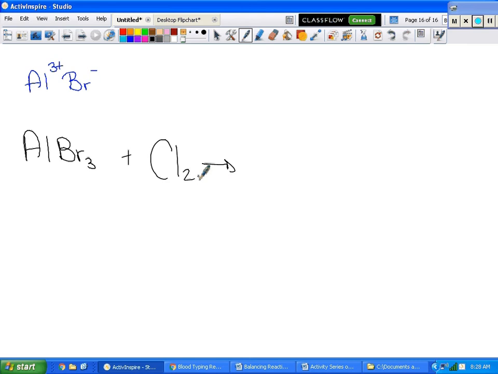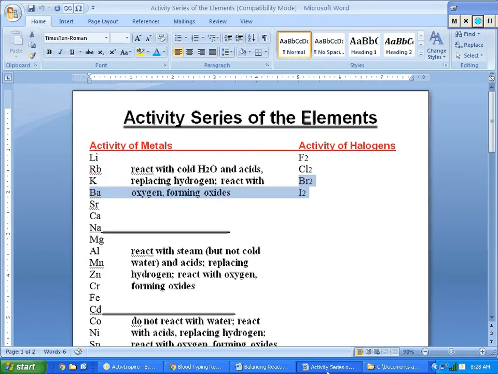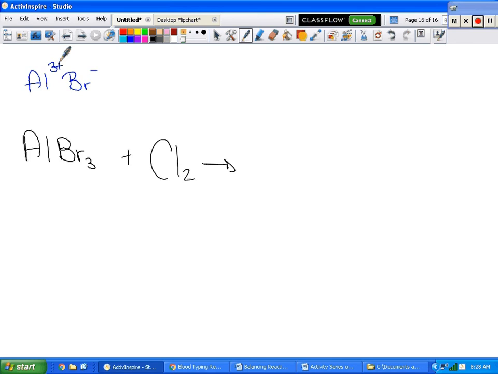Now, let's go back and look at the activity series again. Is Cl above Br? Yes. So can this one work? Yes, this one can work. So who's going to be out all by their poor little lonesome now? Br. Poor little bromine. Now again, I asked this question. Can you leave it as is? What do we know about the halogens? They're diatomics.